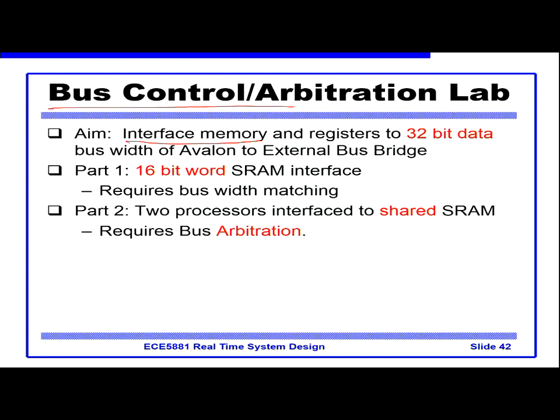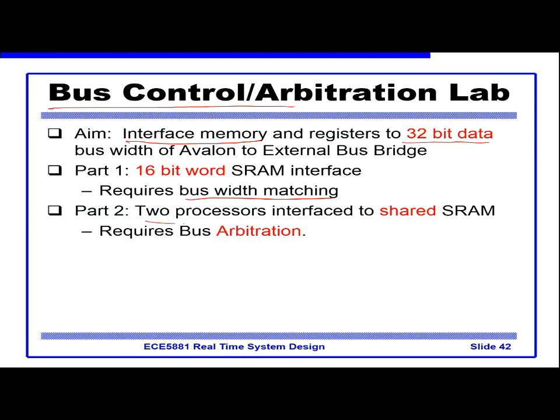So the structure's a little bit different from the bus, and we're going to use 32-bit bus width on the Avalon bus bridge, but that has to meet up with the SRAM, which is 16 bits. So that's called a bus width matching problem. So the bus is giving us 32-bit words, and we're going to process them in 16-bit chunks for the memory.